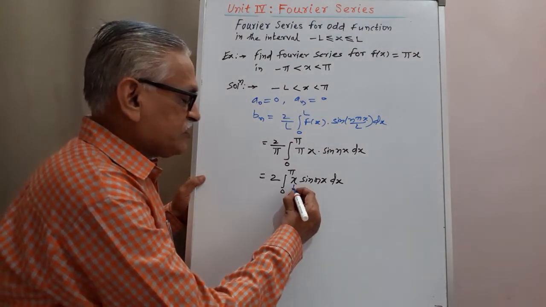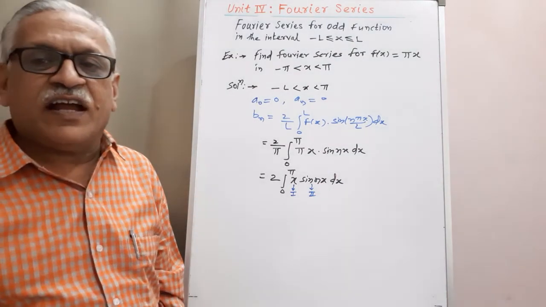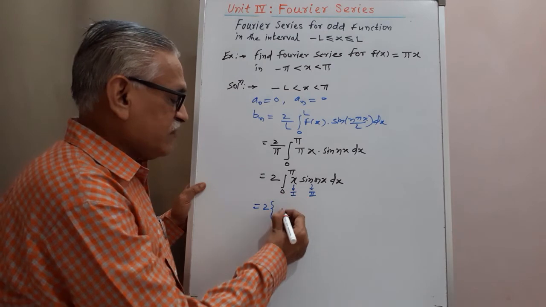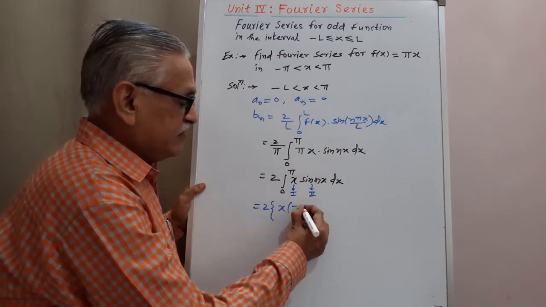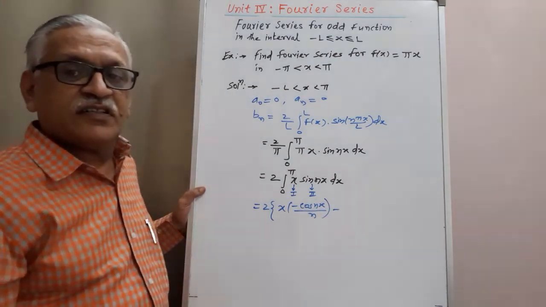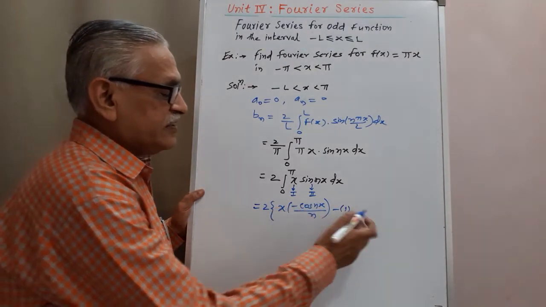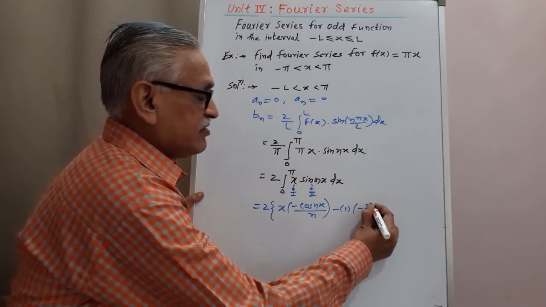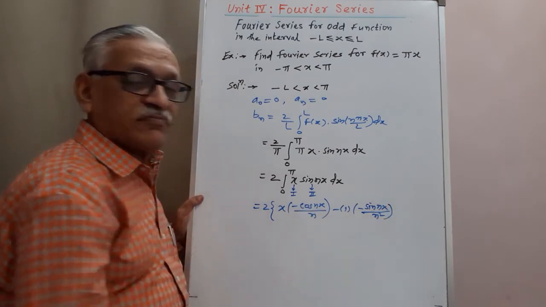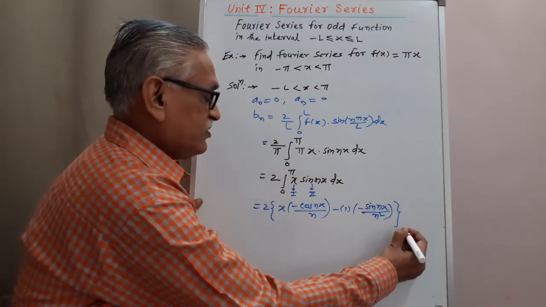Therefore, we consider x as the first and sine nx as the second, and integrating by the generalized part rule, we get: first term x, integration of sine is minus cos of nx divided by n, minus derivative of x, which is 1, times its next integration, sine nx by n square with minus sign, and the next derivative is 0. We stop here, with limits from 0 to pi.